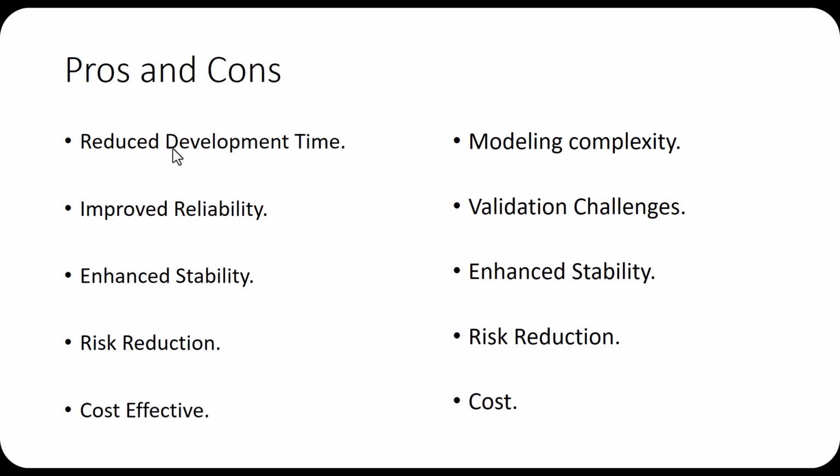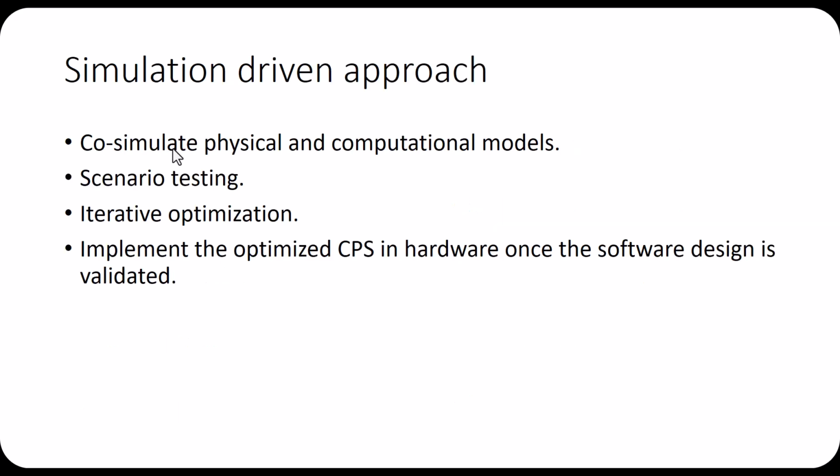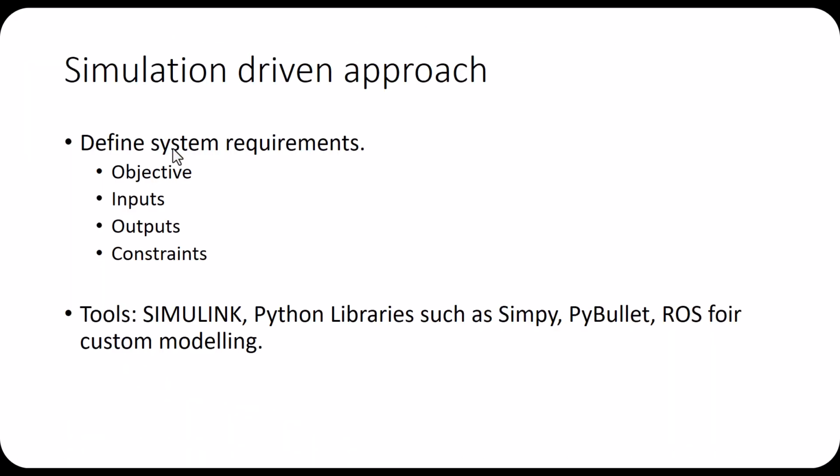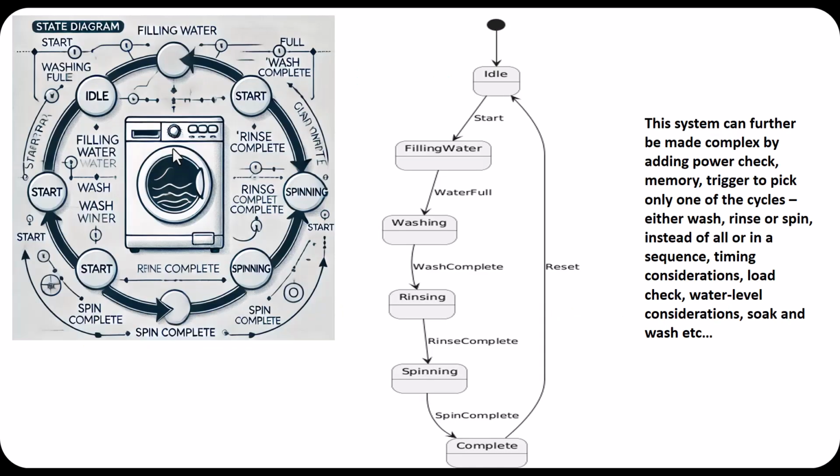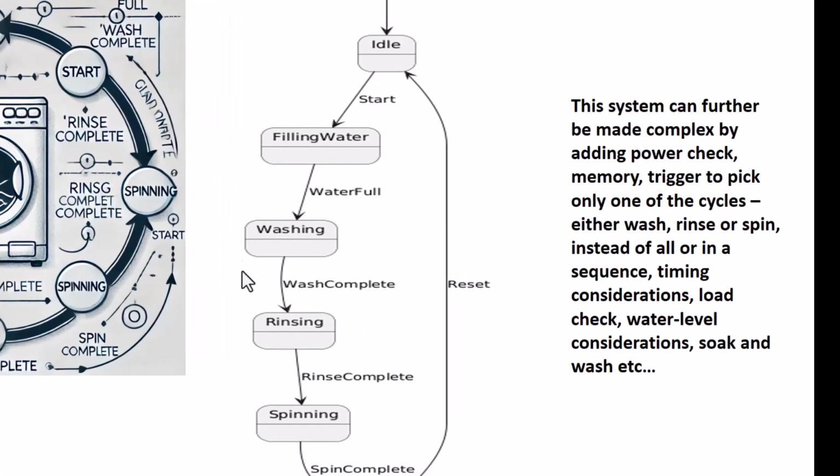And when it comes to cons, if you see modeling complexity, what do we mean by modeling complexity? Let me just go back to that washing machine based example. Now if you look at this, it is very simple, either to simulate or to write a code and make it work.